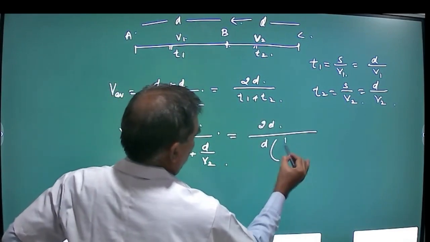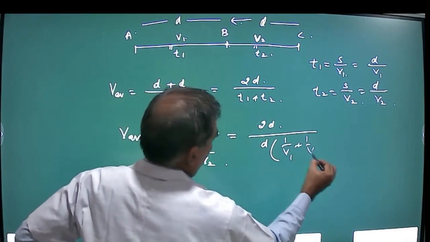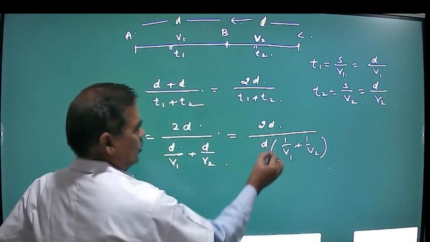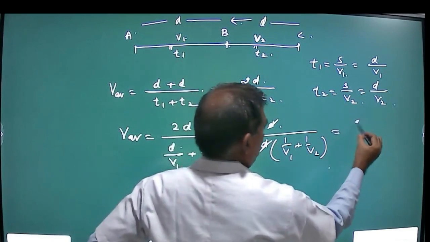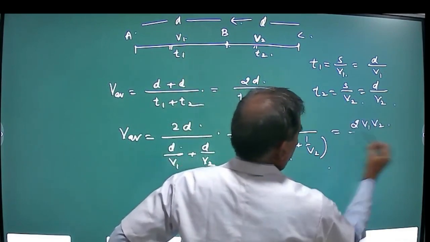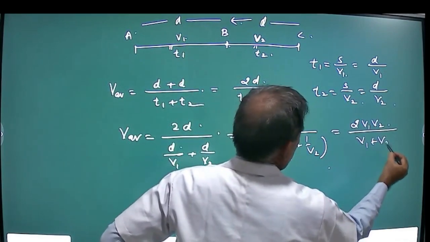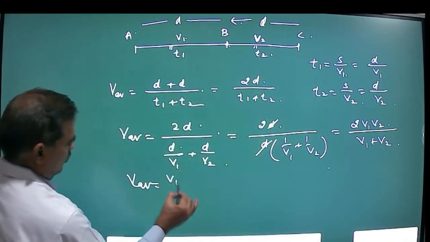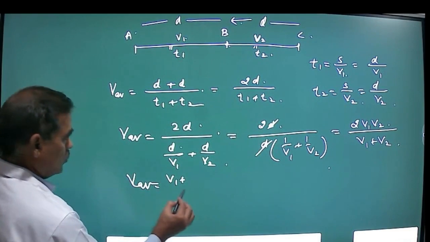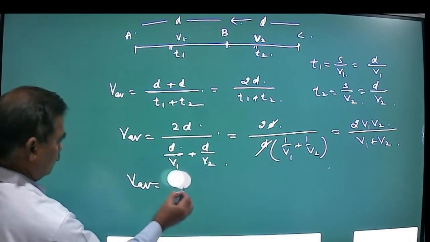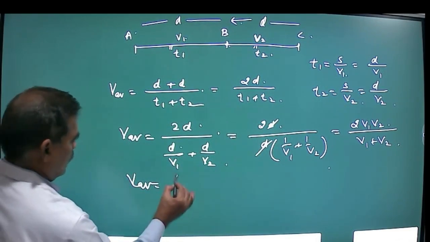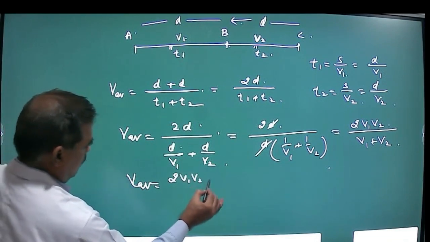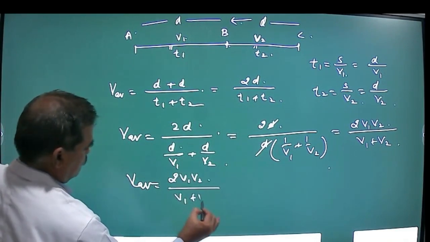D is common, 1 upon V1 plus 1 upon V2. D and D cancel, and this will become 2V1V2 divided by V1 plus V2. So V average is equal to 2V1V2 divided by V1 plus V2.